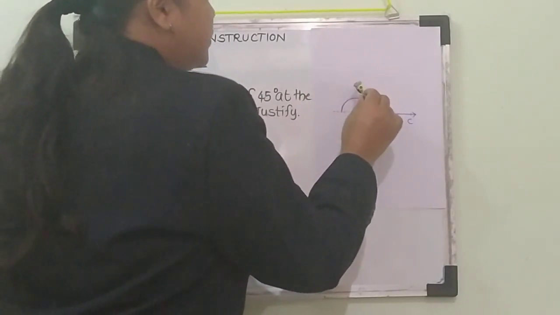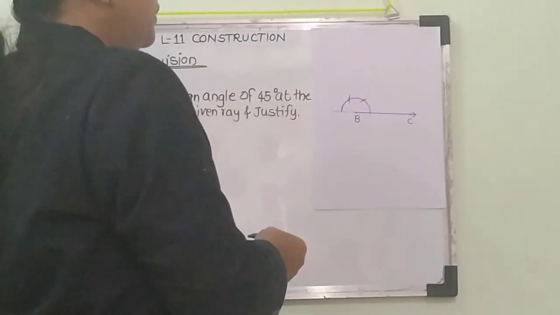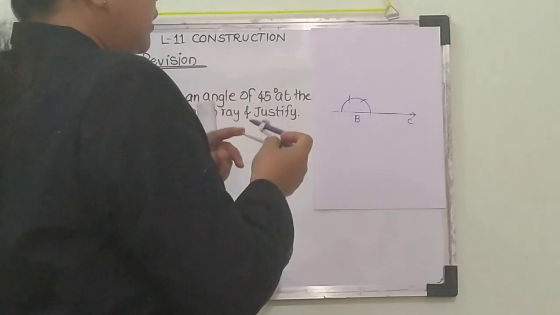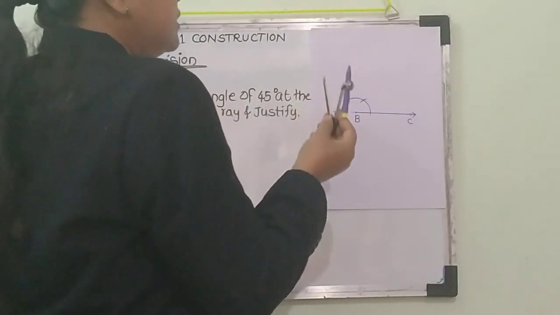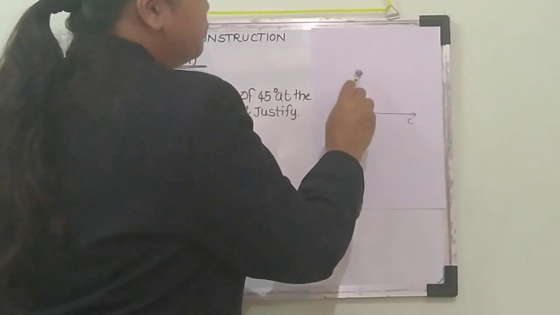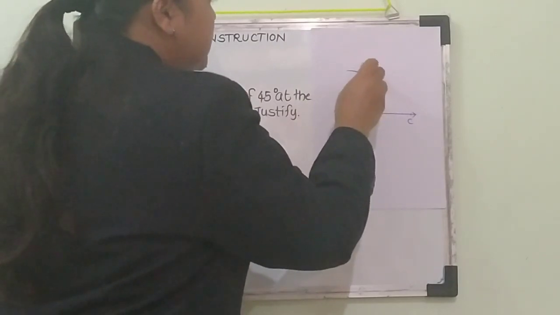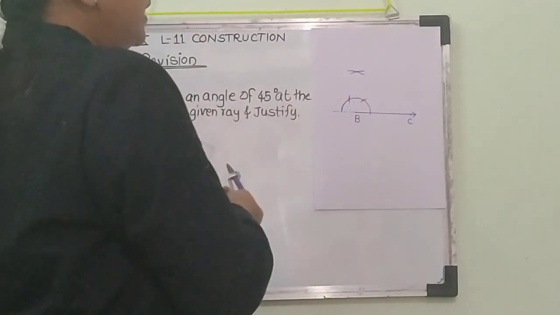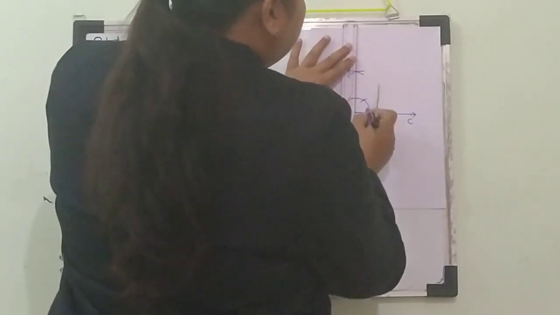First arc it is of 60 degree, second arc it is of 120 degree. Then we have to take some distance in our compass and mark the arc from 120 degree and 60 degree. So we get the angle of 90 degree.